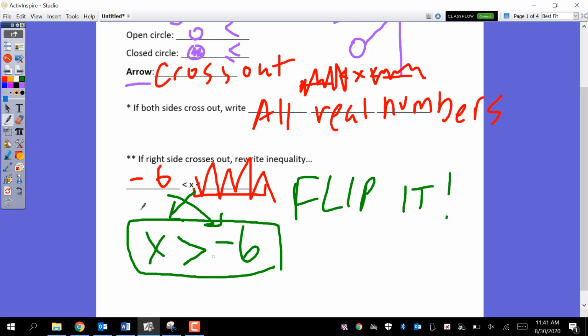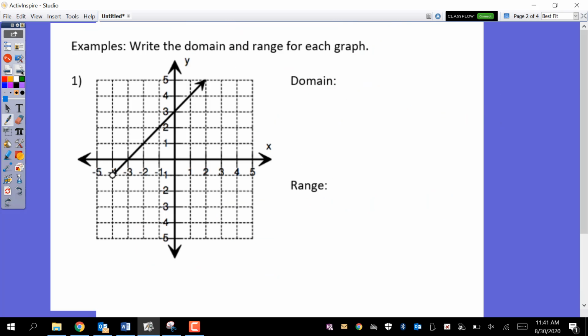So let's see how this works out in a real question. It says write the domain and range for each graph. I still start the same way: I draw my box around my graph. And I know when I'm writing my domain, it's something less than x less than something.